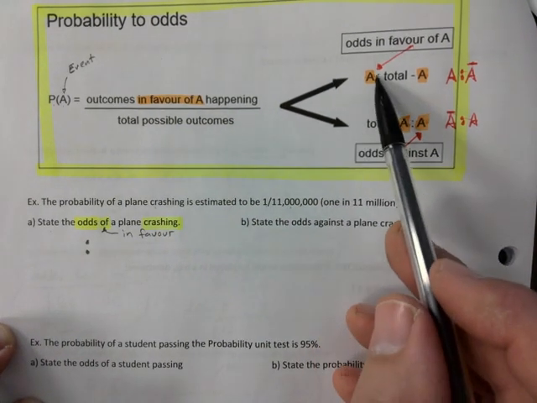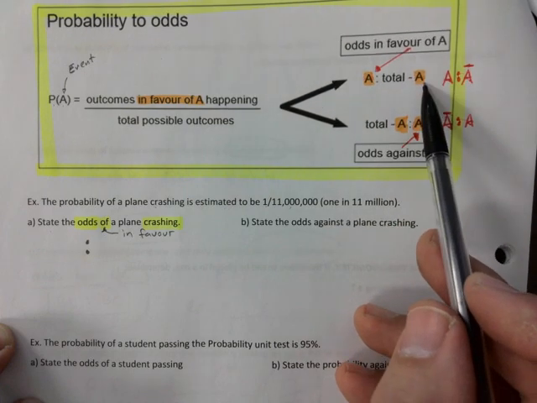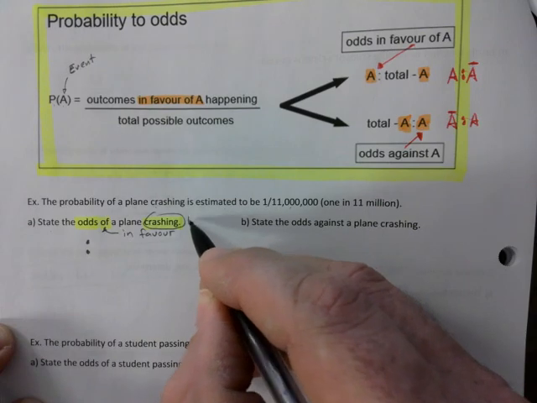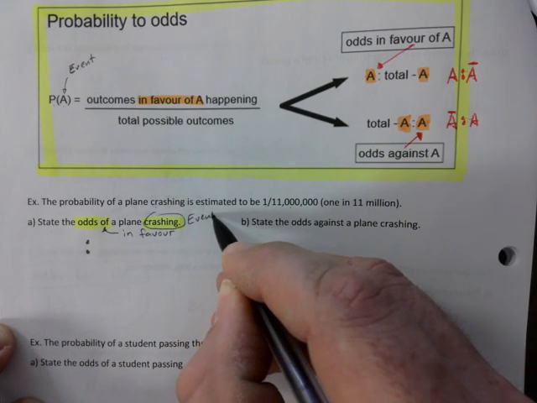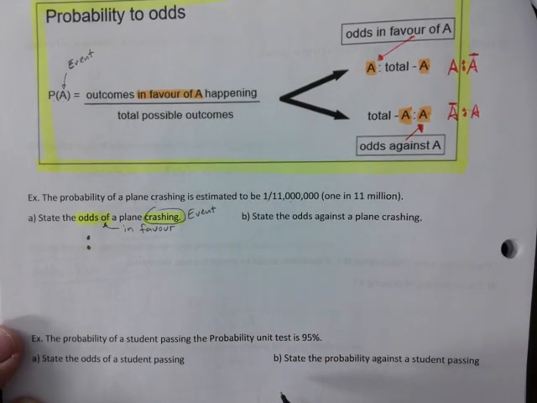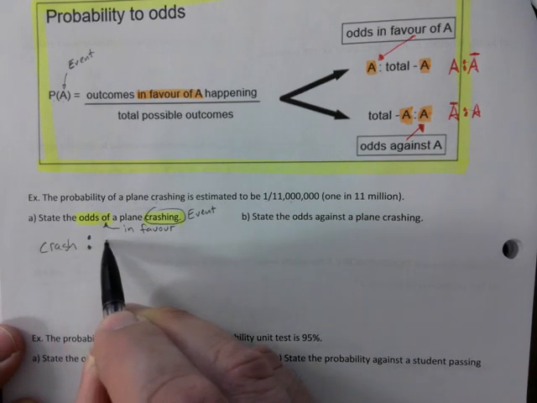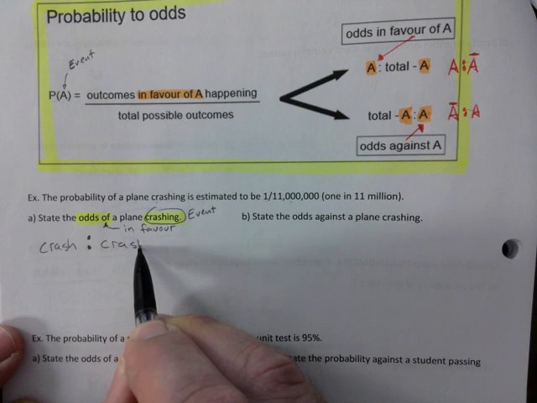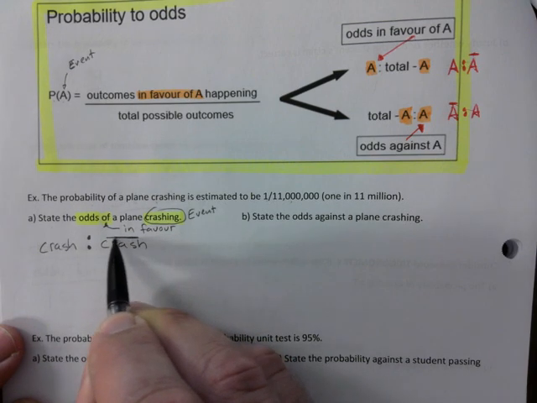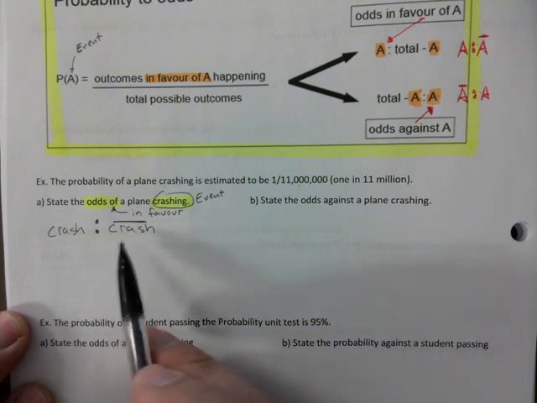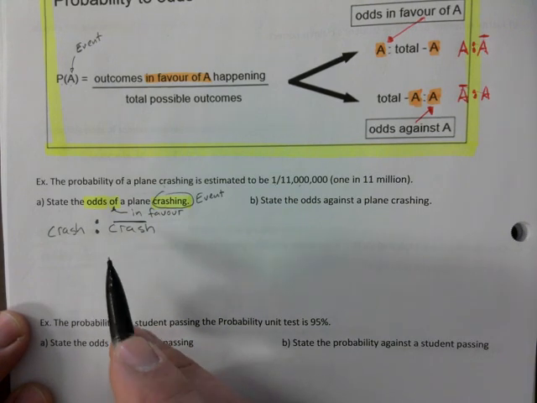So you would say crashing, not crashing, right? This is the event. Write down event right next to this. So you would say crash, and on the other side, it's not crashing. Like that. So I would encourage you to first write down what is it that you're supposed to put down.